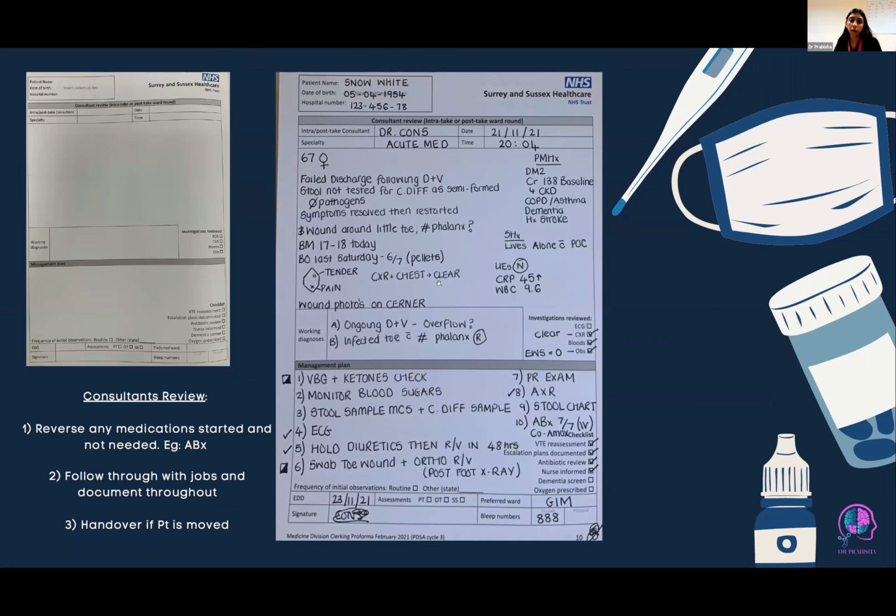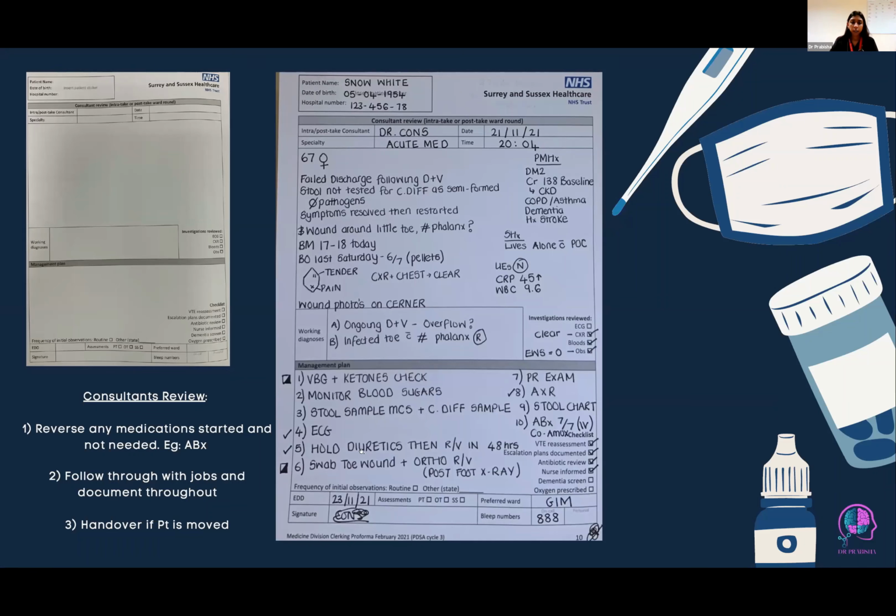The consultant's done a full respiratory, cardio, abdominal examination. They've taken pictures of the wound and put them in Cerner. We've got a little past medical history box, little social history, what their immediate bloods were, and what the consultant thinks is going on is due to overflow and also an infected toe and fracture of the little toe phalanx.